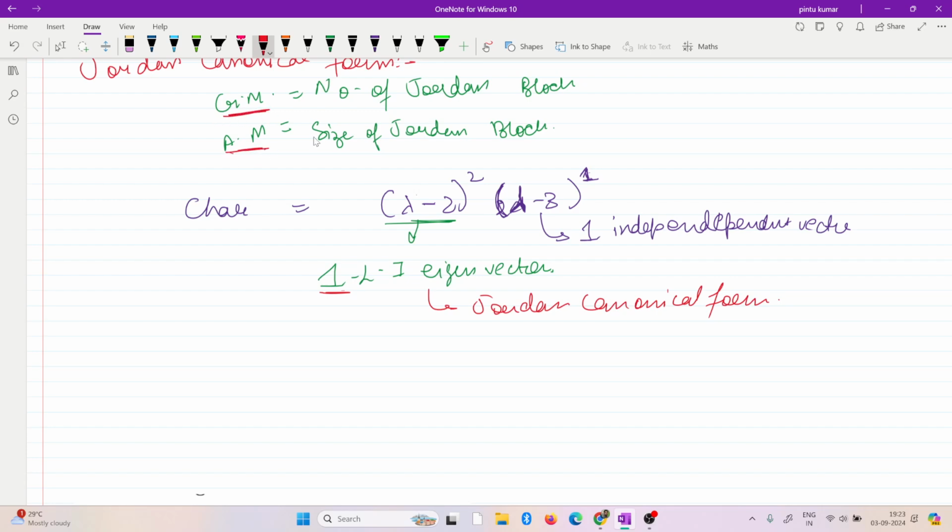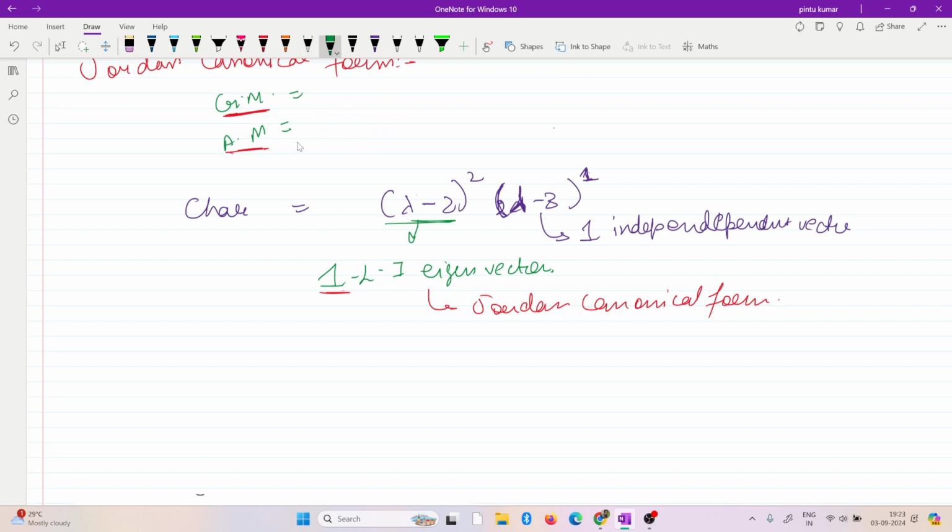In order to create Jordan canonical form, you remember these two rules. Your geometric multiplicity tells you the number of Jordan blocks. Let me modify this in a way that is easier to understand.